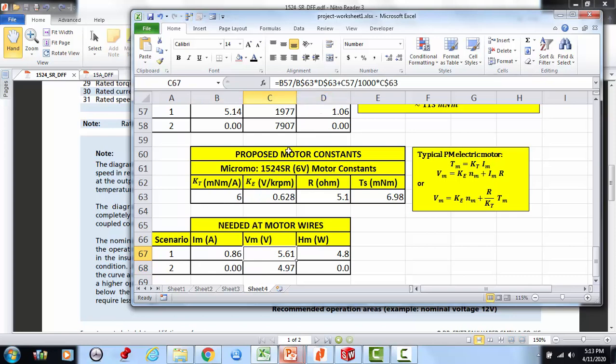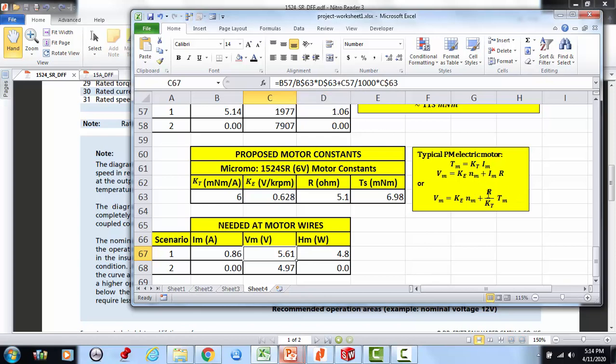Going back and taking a peek at what the voltage of the motor might be for the loaded scenario, you're going to be implementing basically that equation. You're going to take B57, so this first part is actually going to be the torque. So you have B57, the torque, divided by the KT, times D63, which is going to be the resistance in ohms.